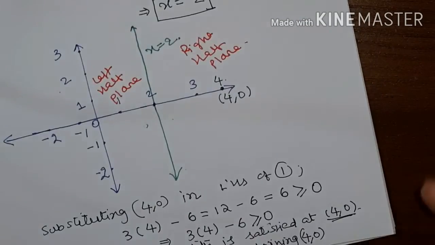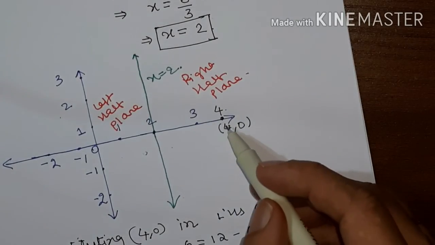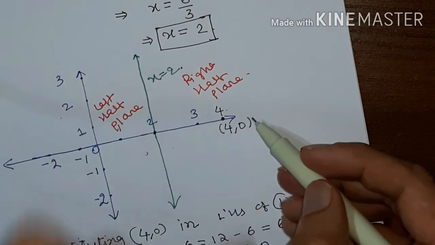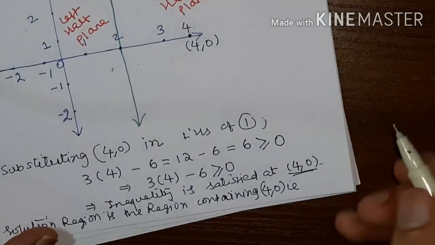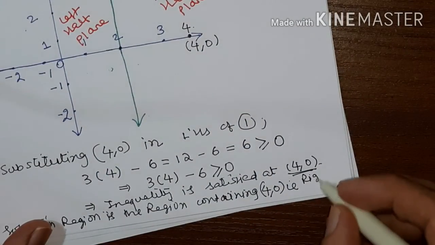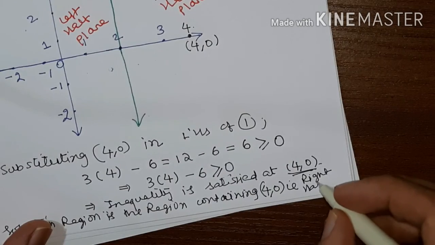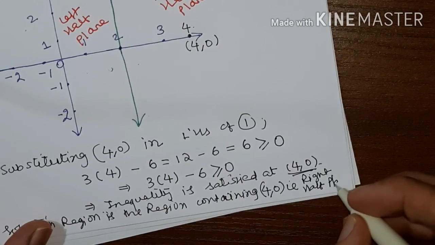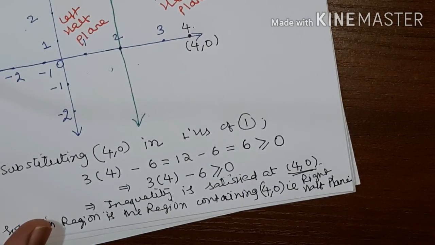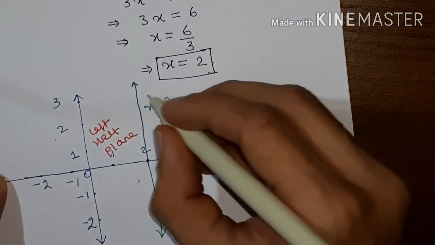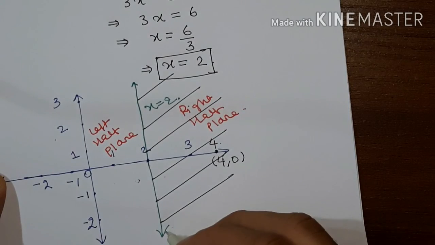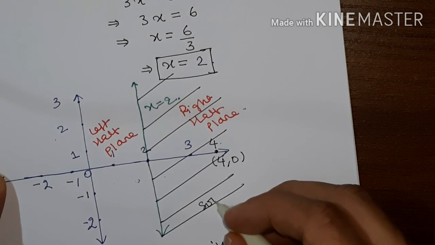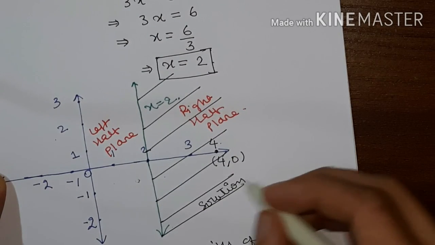So that is the right half plane. The region which contains the point 4 comma 0 here is the right half plane. So that is where, that is here. So this is the solution region.